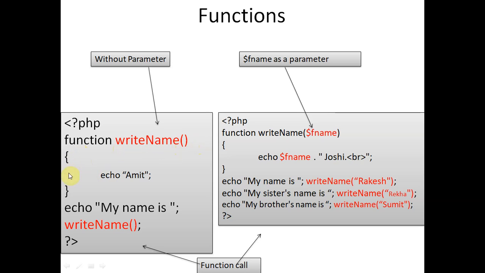In the function we have one echo statement, meaning we are printing the string Amit, and after this function there is the statement echo my name is, and then a semicolon.